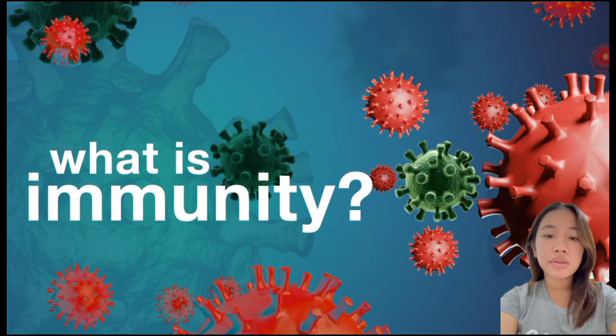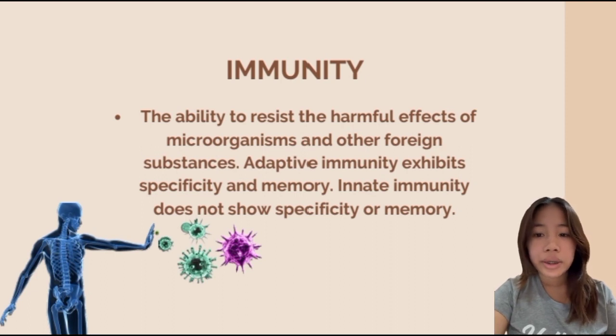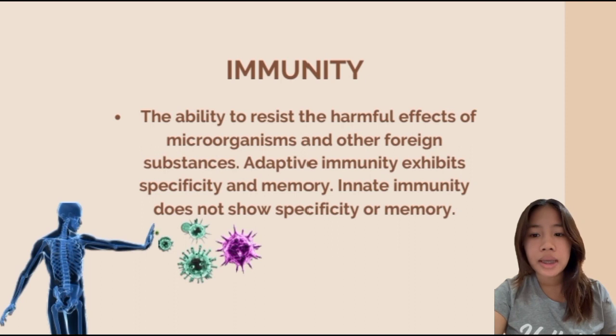So, what comes into your mind when you hear the word immunity? Immunity is the ability to resist the harmful effects of microorganisms and other foreign substances. Adaptive immunity exhibits specificity and memory, while innate immunity does not show specificity and memory.